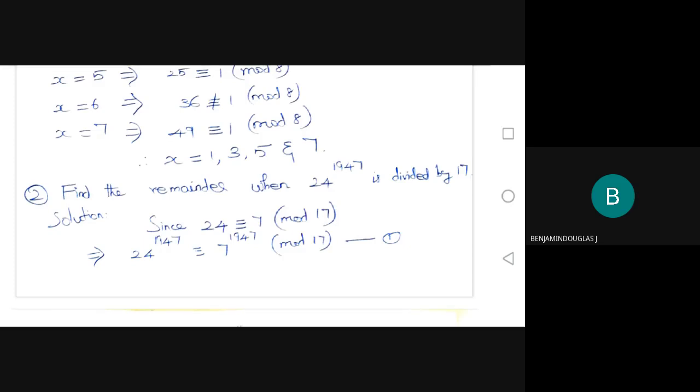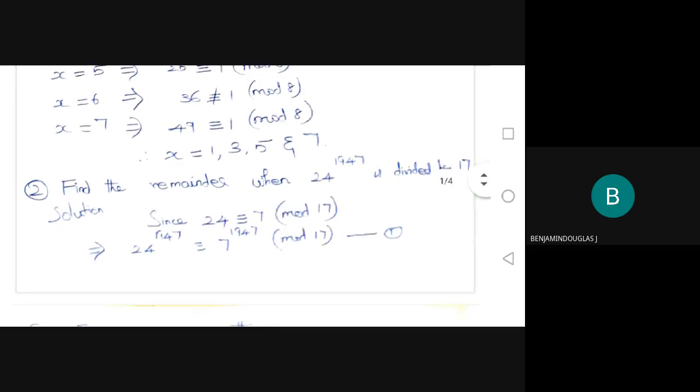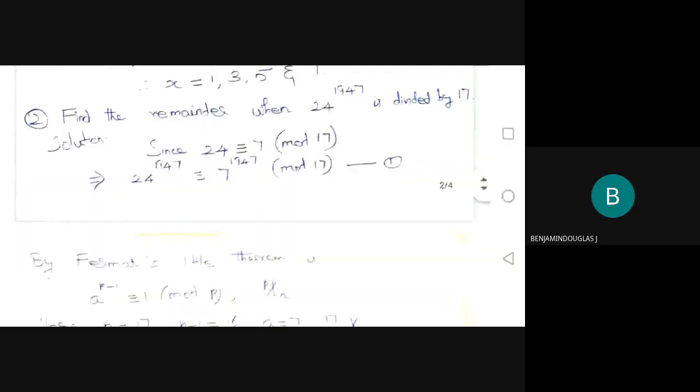But we are going to divide 24 to the power 1947. So 24 is congruent to 7 mod 17. Raising both sides to the power 1947, 24 to the power 1947 is congruent to 7 to the power 1947 under mod 17.